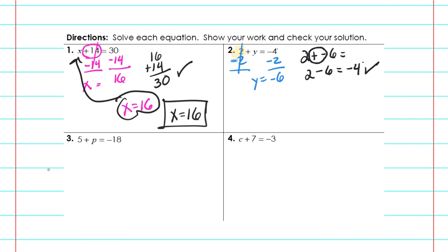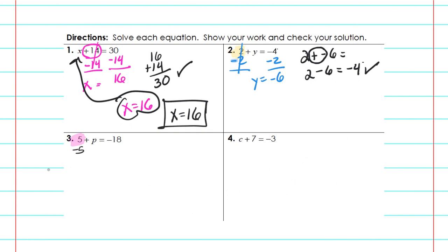Looking at number 3, 5 plus p equals negative 18. So again, I want to leave p alone on one side and figure out what the value of p is. Well, if I have positive 5 here, I want that to zero out, so I can subtract 5 from this side.